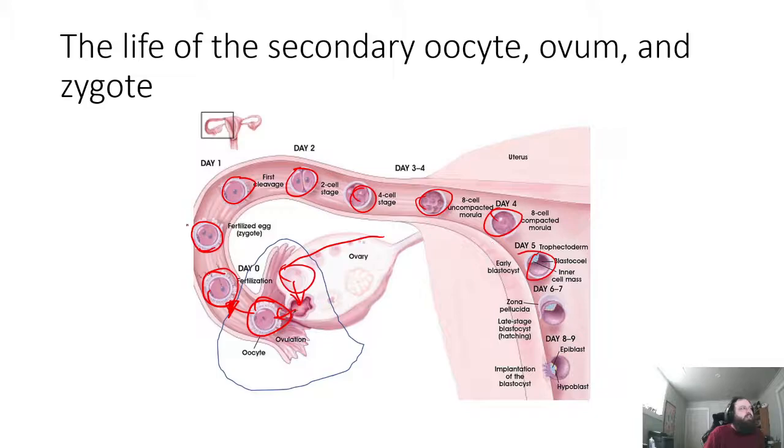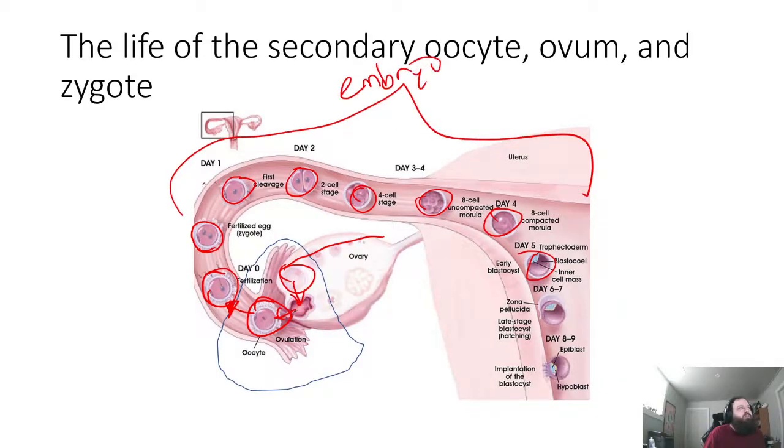Ultimately, this is all the embryo stage of development. So day 1 post-fertilization, day 2, day 3, day 4, day 5, day 6. And by the time you get to day 7 or day 8 or day 9, the zygote is much more developed and is now inside the uterus rather than the fallopian tube, and will start implanting.